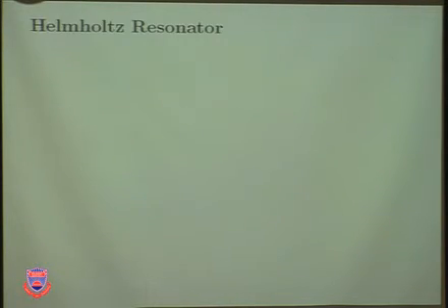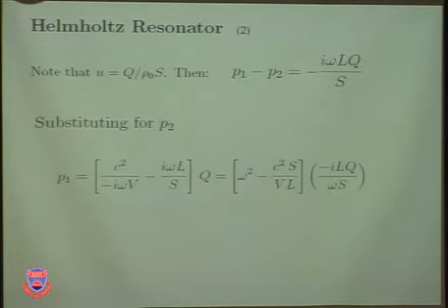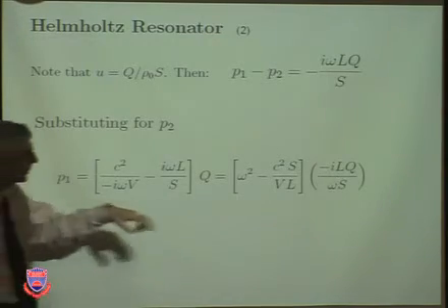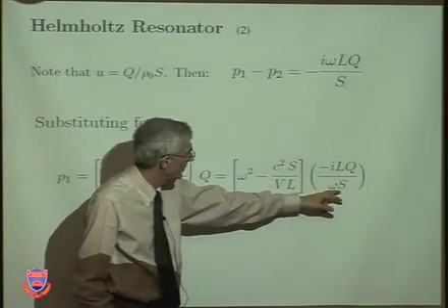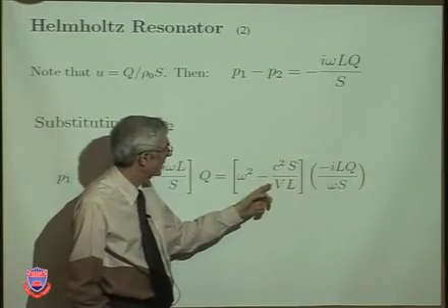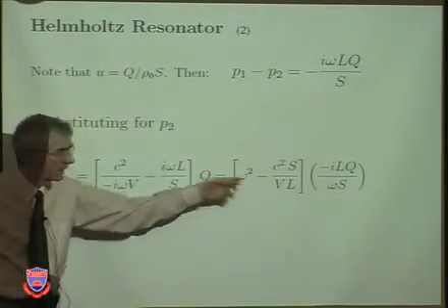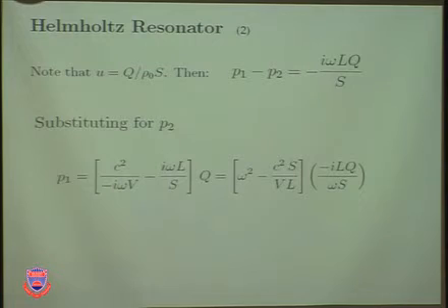Substituting for the pressure, now we have an expression for P1 in terms of mass flow, cross-sectional area, length of the neck, volume of the cavity, and the frequency of oscillations.